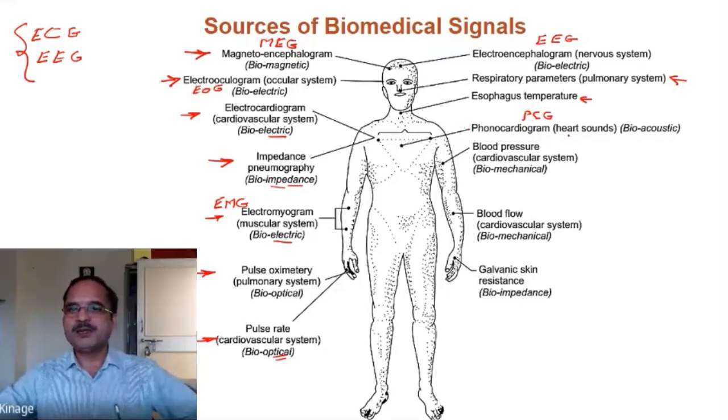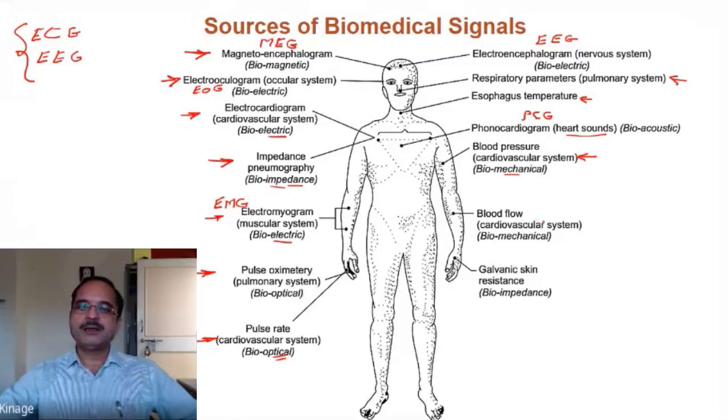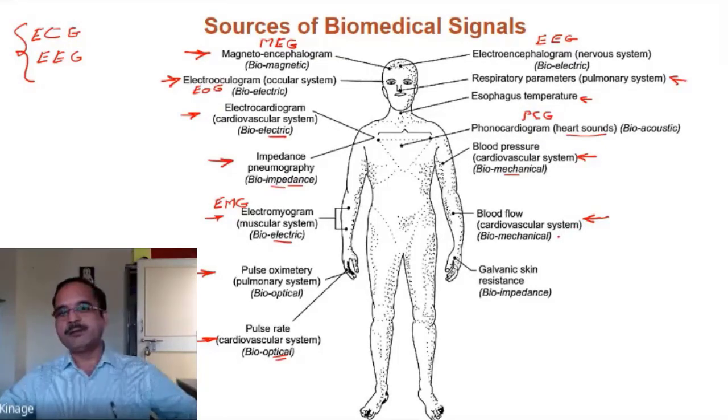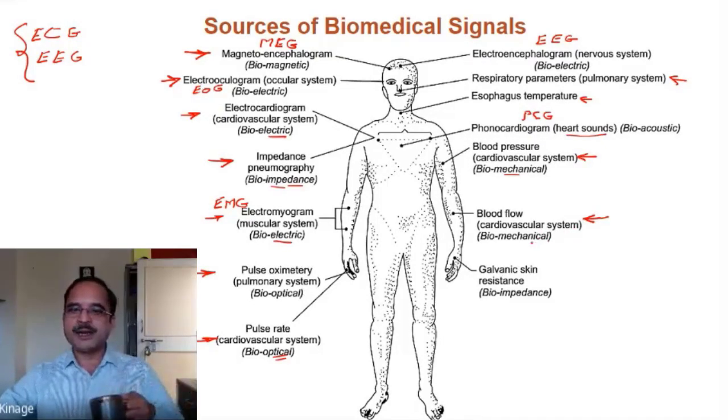So it is actually measurement of heart sounds. Then blood pressure comes under the category of biomechanical and is related to the cardiovascular system. Next, measurement of blood flow, might be in terms of volume, liters, how the blood is circulated in our body. Again, it is under the category of biomechanical.